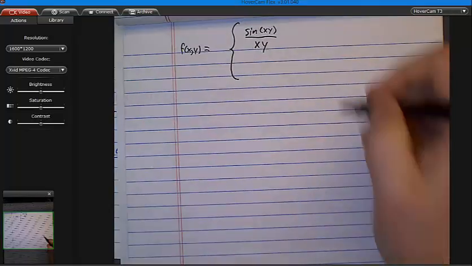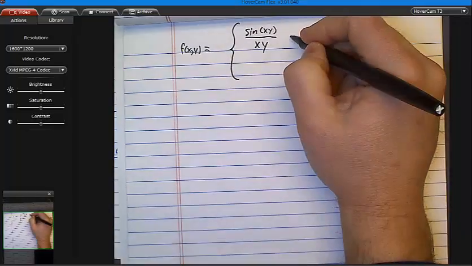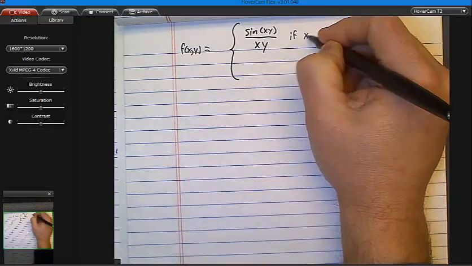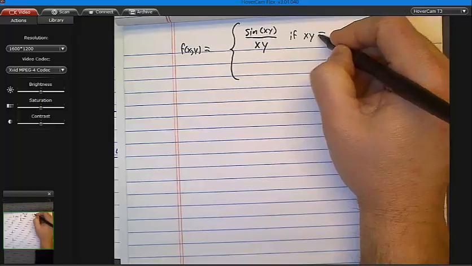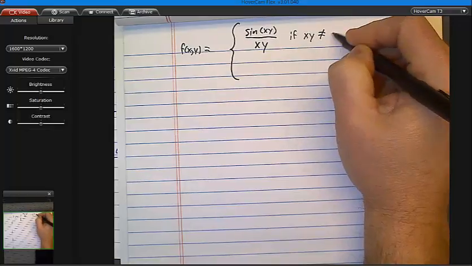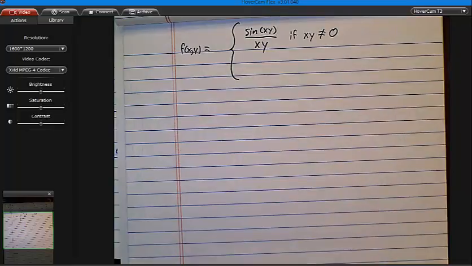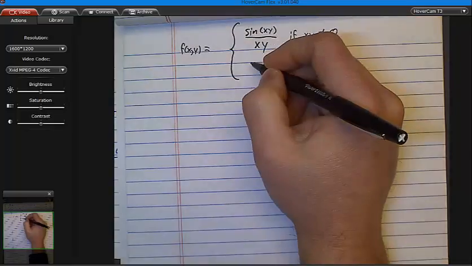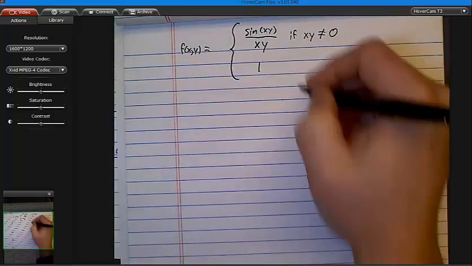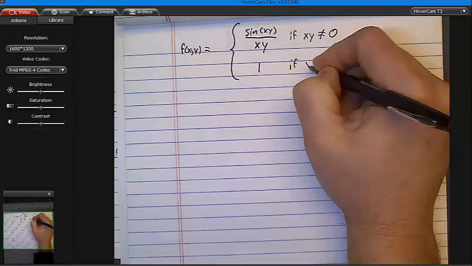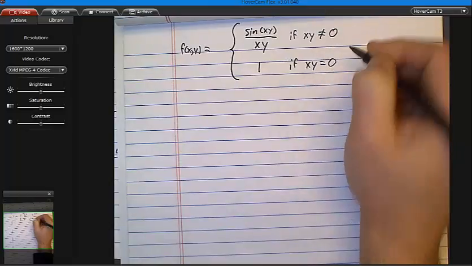I don't know what it looks like. Of course, this only works if x times y does not equal what? 0. I'm going to say that my function equals 1 if x times y equals 0.